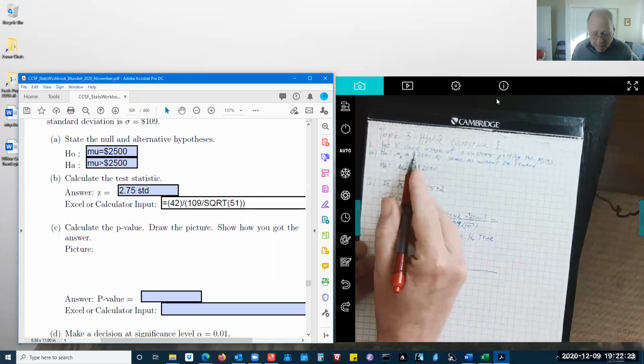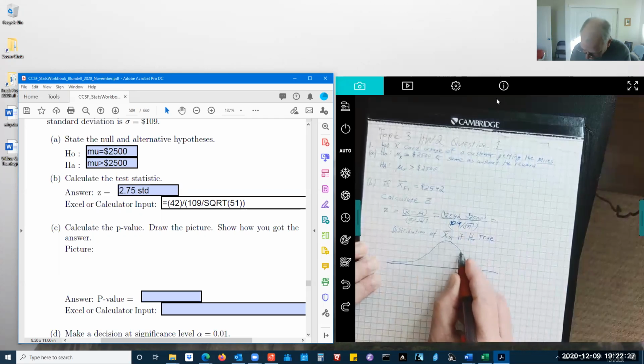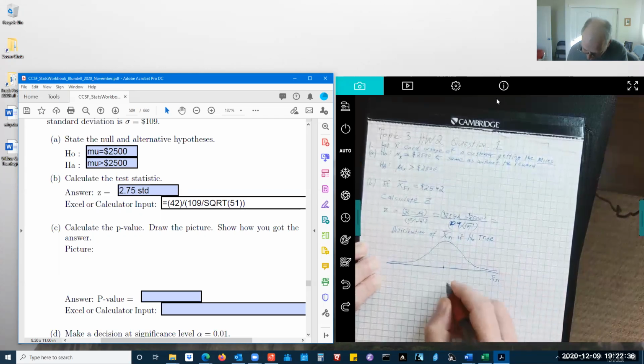So if the population mean was really that 2,500, then the 2,500 would be right in the middle.